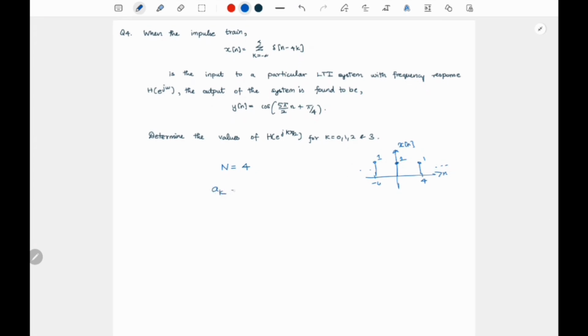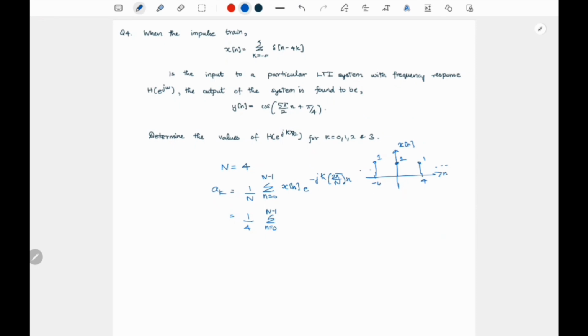So now to find out a_k, it is nothing but 1 over n summation n equal to 0 to n minus 1 x of n e power minus j k 2 pi over n into n. So this is equal to 1 by 4 summation n equal to 0 to n minus 1. For x of n, I need to consider only one period, right?